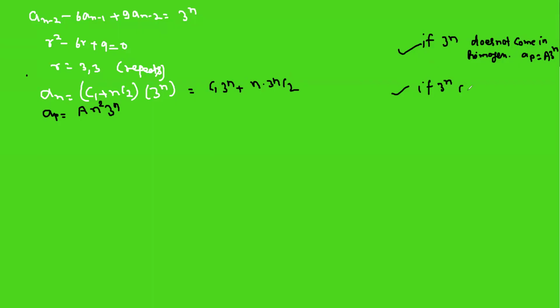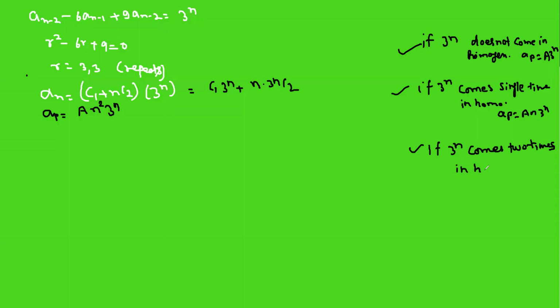If 3n comes single time in homogeneous, an 3 raised to n. If 3n comes 2 times in homogeneous, then you have to put n square 3n.